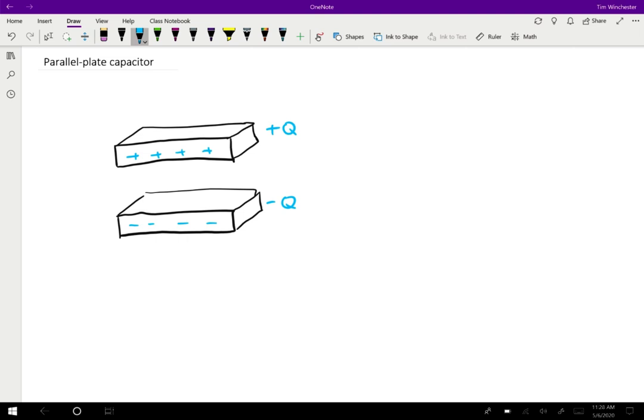If you think about what the electric field will look like in a case like this, we know the field lines will start on the positive charges and end on the negative charges, and so essentially the electric field will go directly from one plate to the other. In a parallel plate capacitor, the electric field is basically uniform in between the plates. That's one of the things that's really nice about these, that the electric field is uniform.